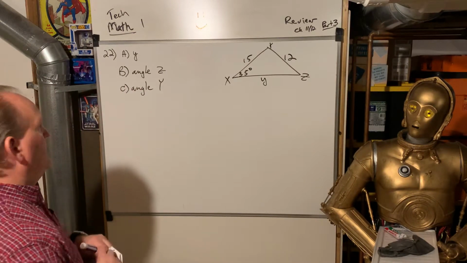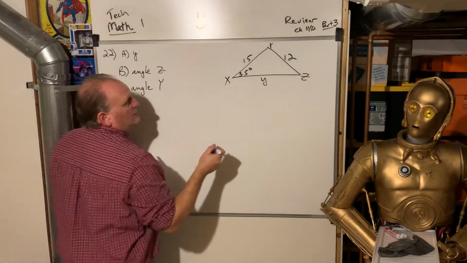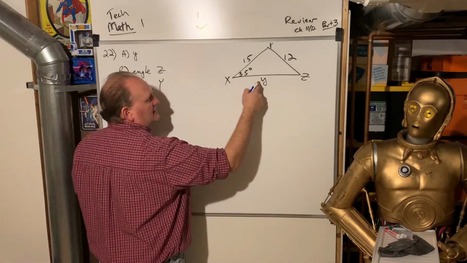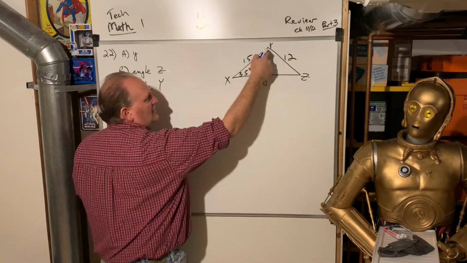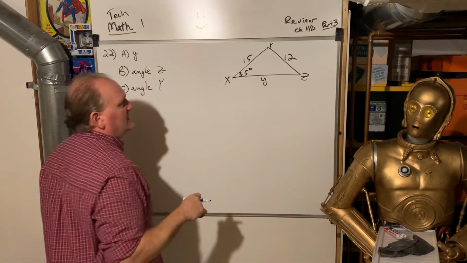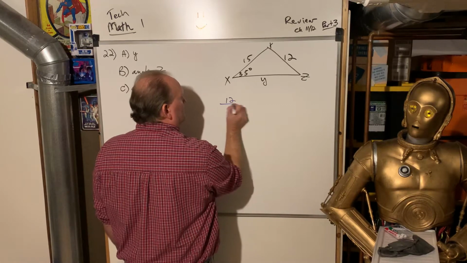Okay, so to find y, we're going to use law of sines. We've got to find the angles first. They always do this where we have to find what they gave us first. So look, we have 12 over the sine of 35.